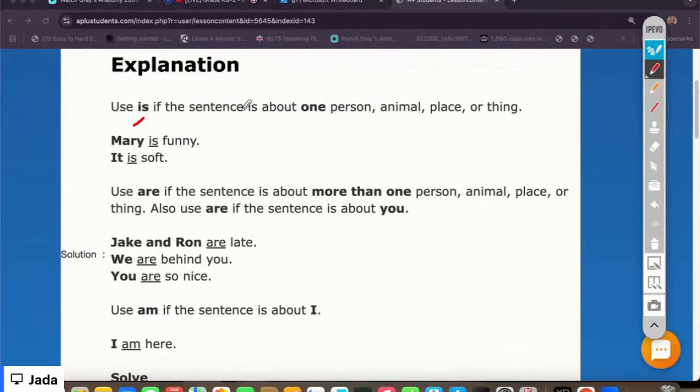Use is if the sentence is about one person, animal, place, or thing. So is used to show just one, like singular. So one person, one place, animal, thing, and the rest of them. Alright, so is used for the singular.